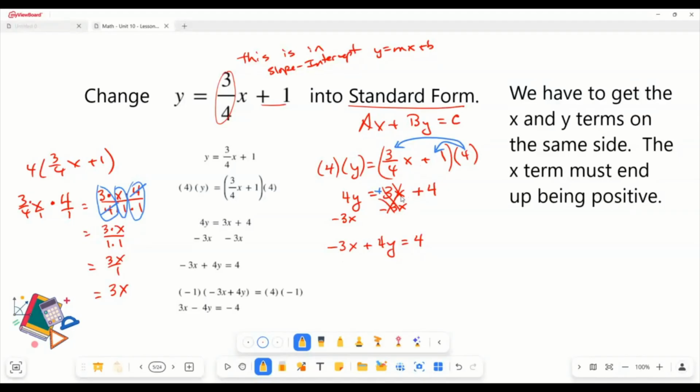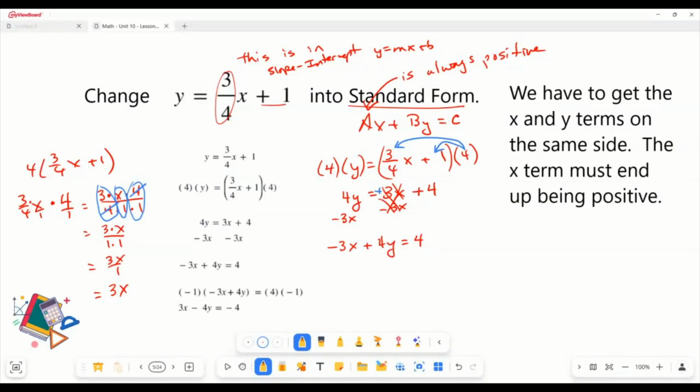Now we've moved the x term to the other side. The only issue that we have now is that the x term is always positive. So I got to get rid of that negative.